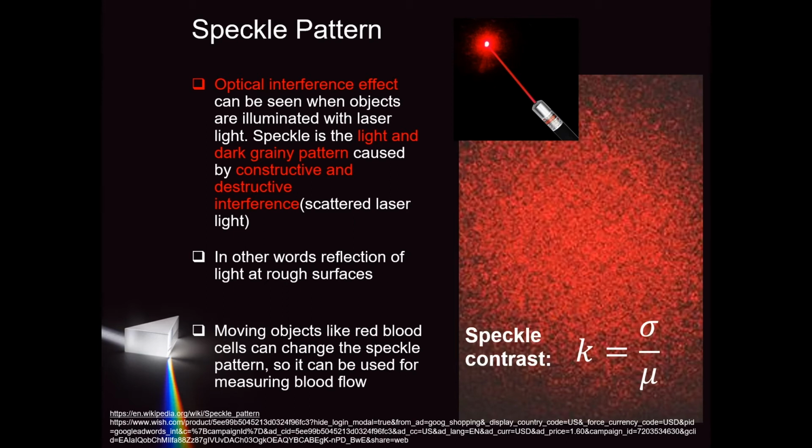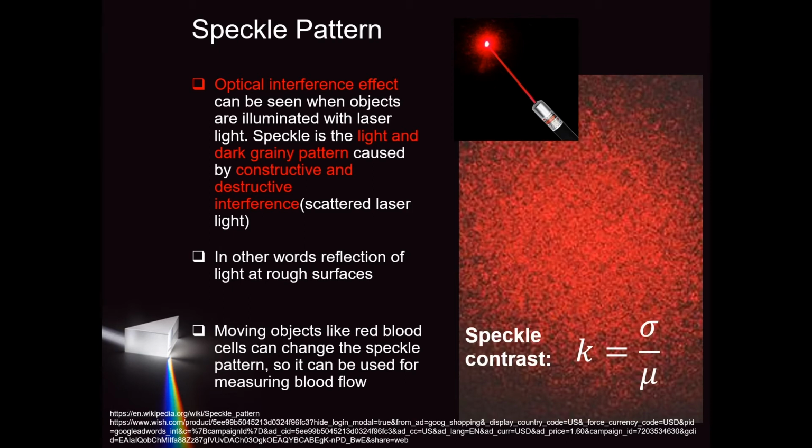All of us are familiar with this pattern that you see if, for example, you have a laser and you shine it toward the wall. The back-reflected light from the surface of the wall will interfere with each other.